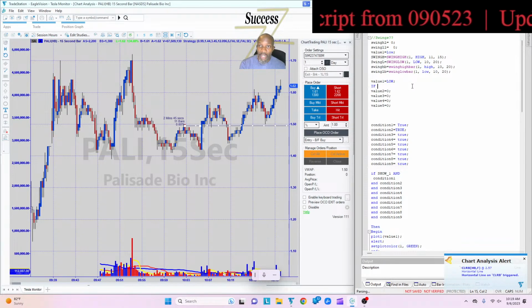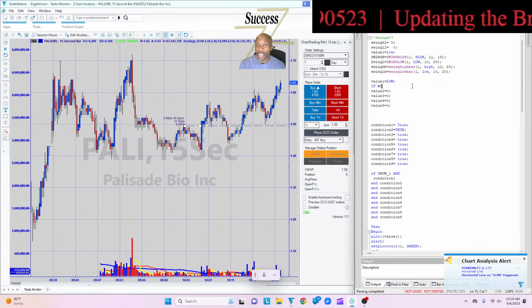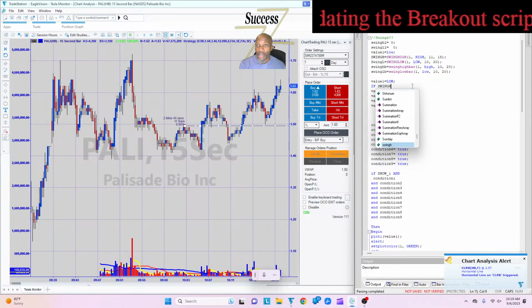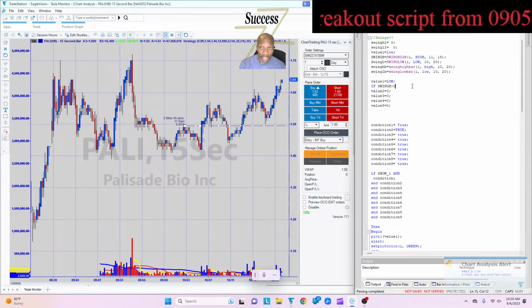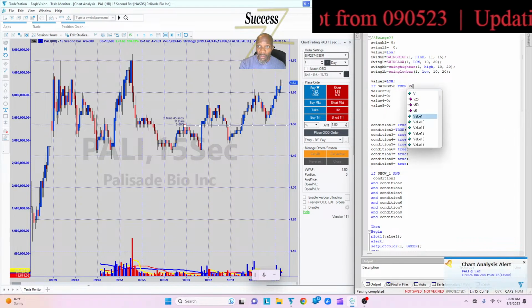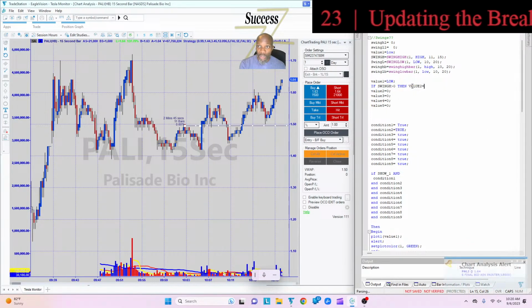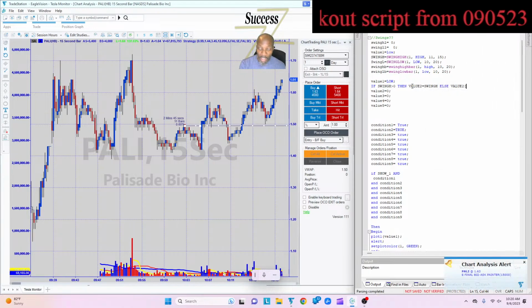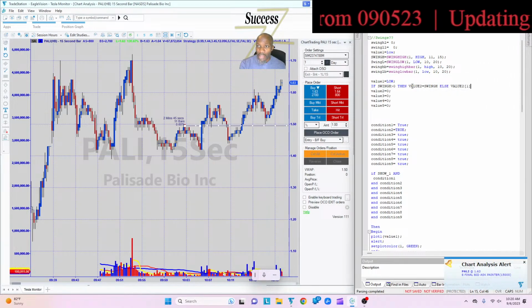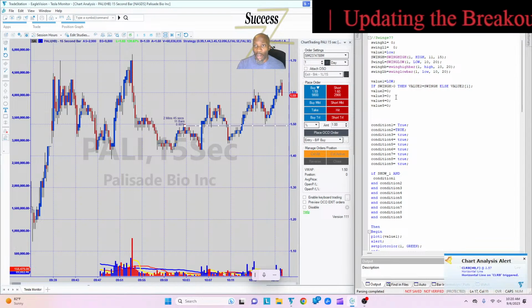So if the swing high is greater than 0, then value 2 equals swing H, else value 2 is the value of value 2 a bar ago.